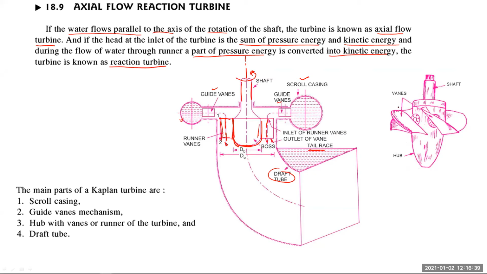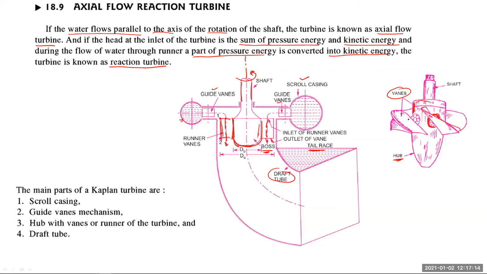Now here you can see in the diagram, this is the runner of your Kaplan turbine, in which you can see the boss or hub. On that some vanes are mounted. This is your mountings, and this is the hub, or you can say the boss. These are the vanes you can see here, on which the water slides or glides.